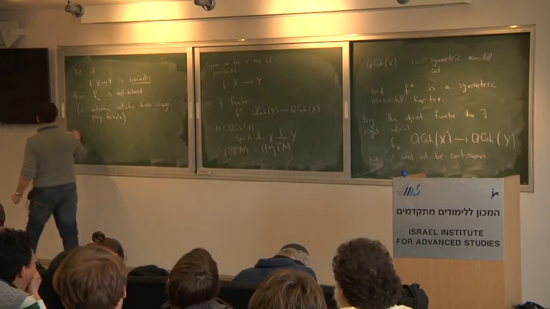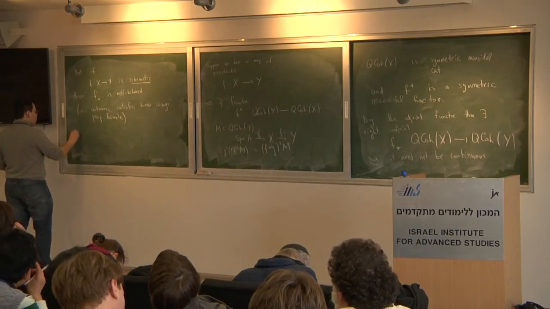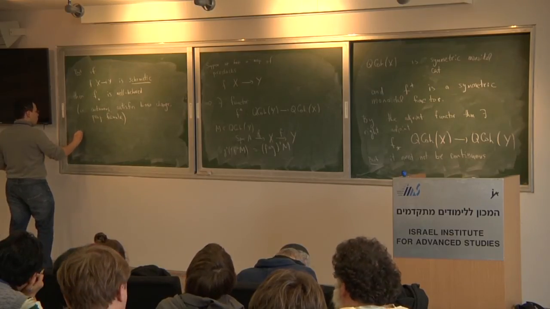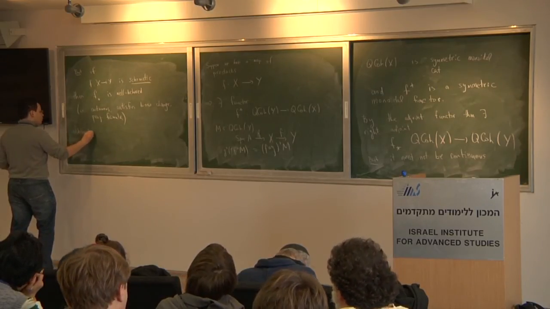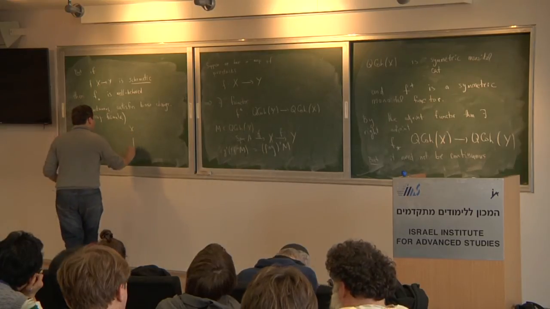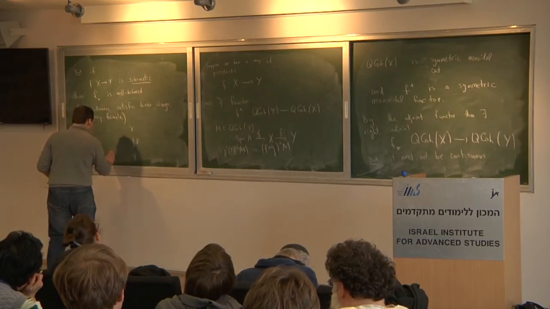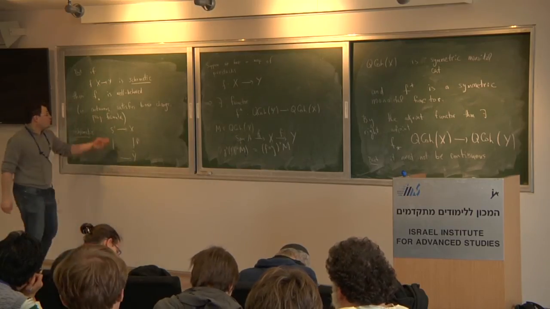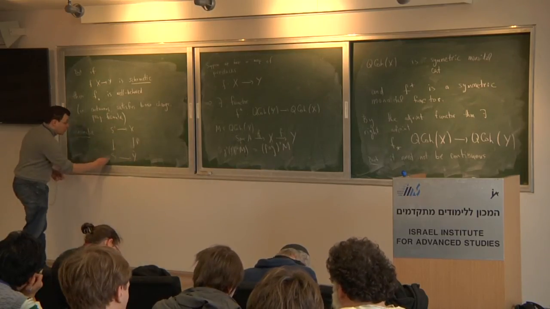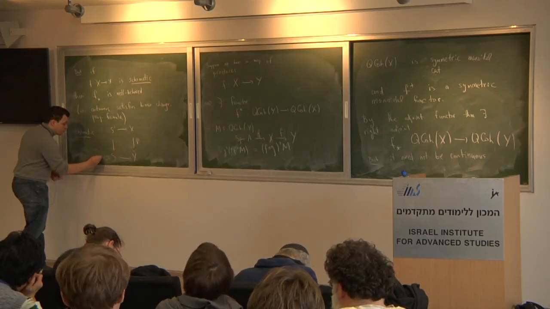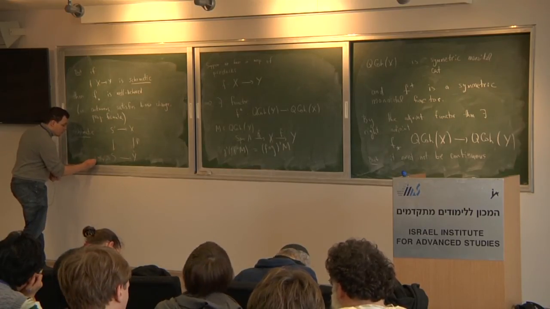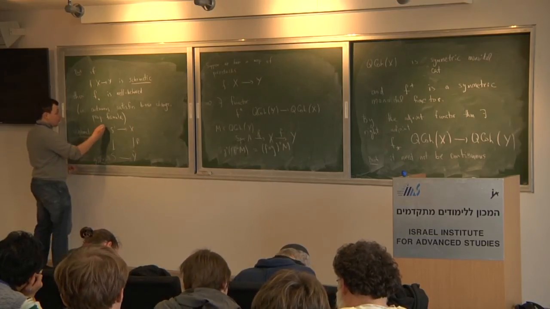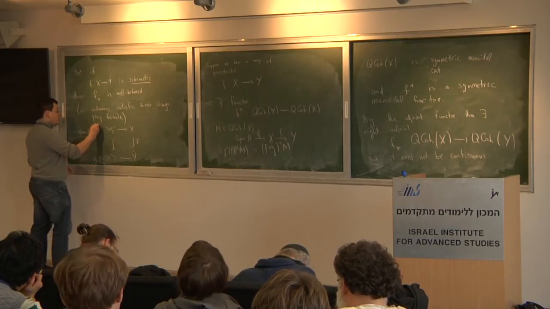So schematic, you define this adjective, which means that if we take a pullback with respect to any, let's say, affine scheme, then this is a DG scheme or derived scheme.